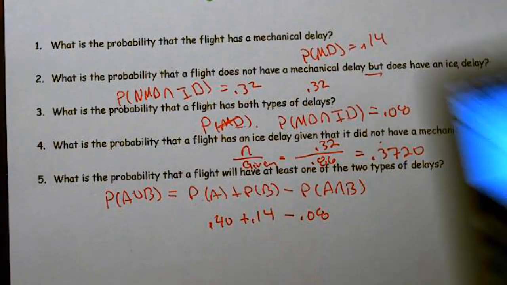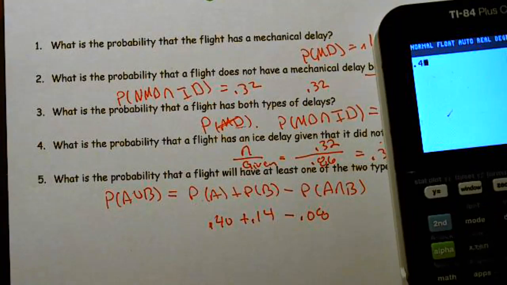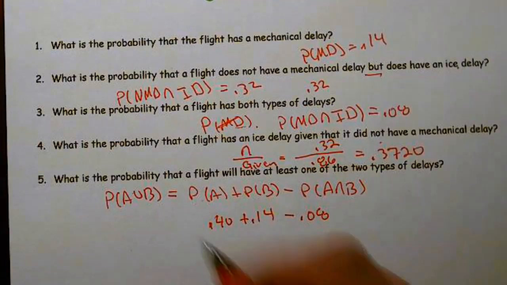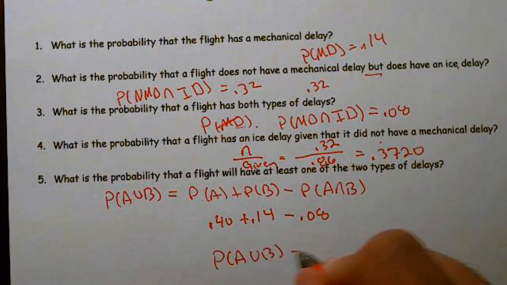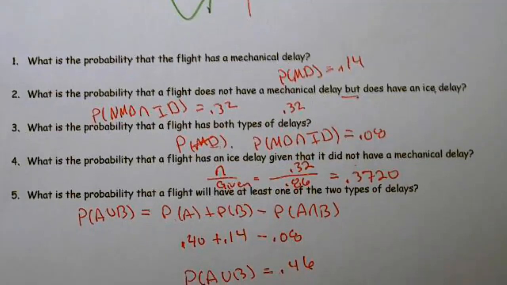So when I do that, I end up getting 0.4 plus the 0.14 minus the 0.08. And that ends up being probability of having at least one equals 0.46. All right, there that is.